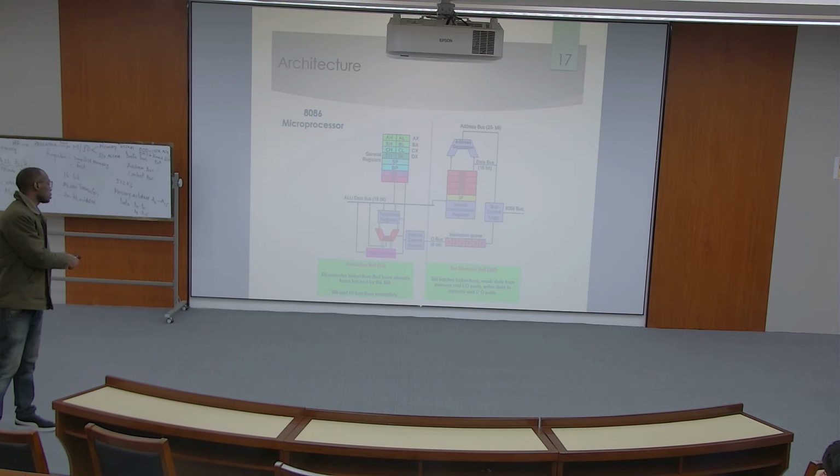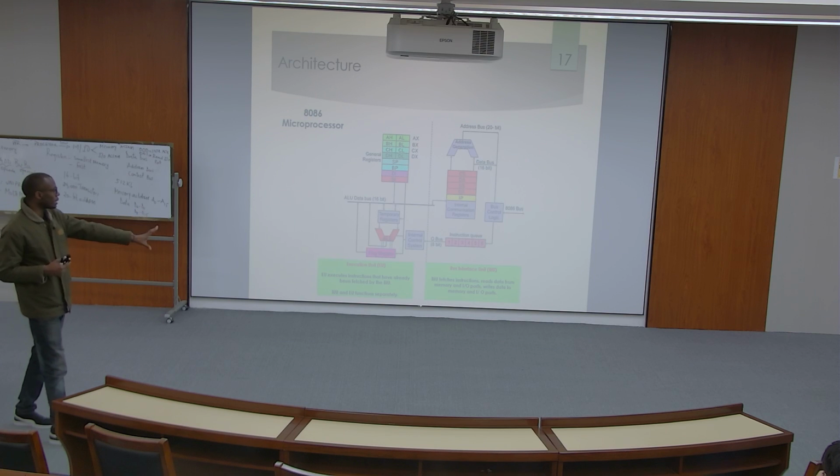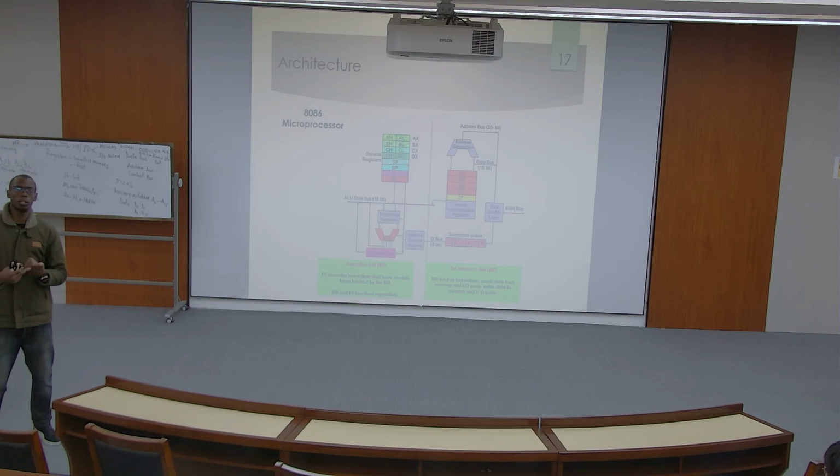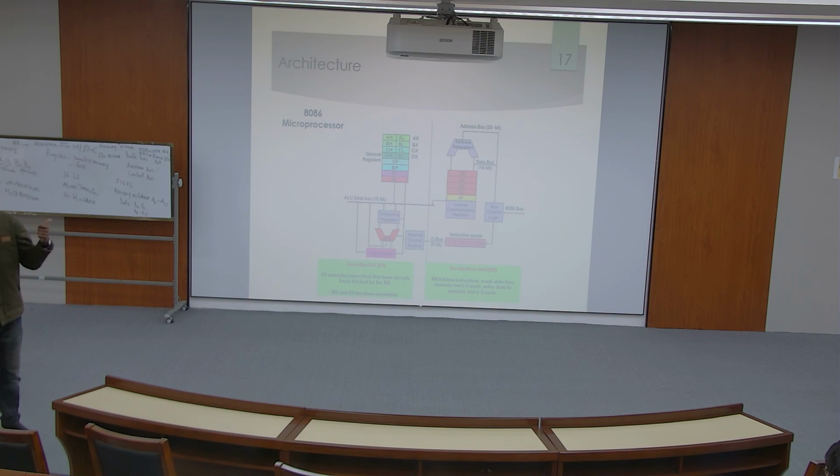So this means these two work separately. The bus interface unit fetches instructions from the memory, writes data to the memory, or reads data from the memory. But the execution unit executes the instructions that have been fetched by our BIU.